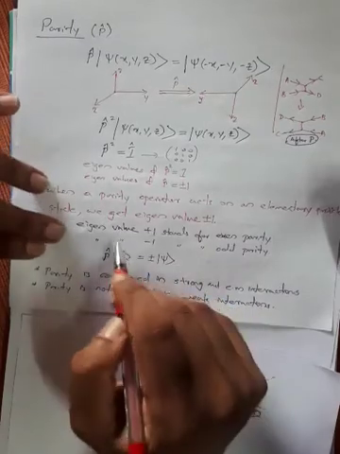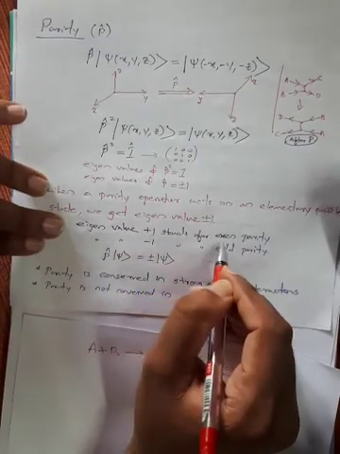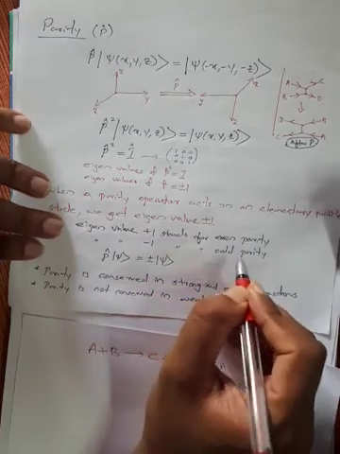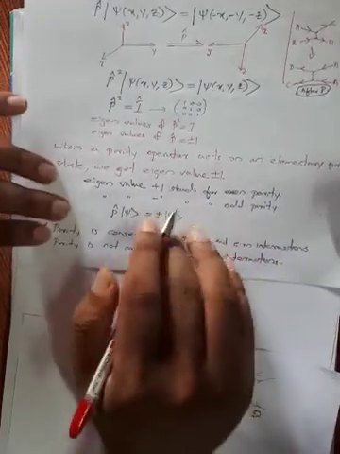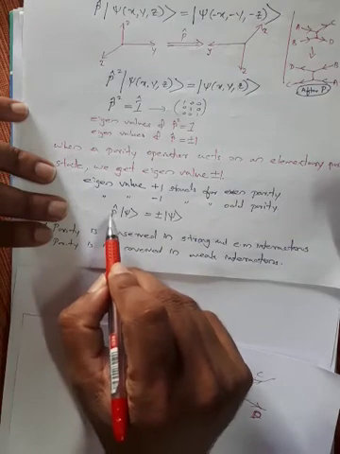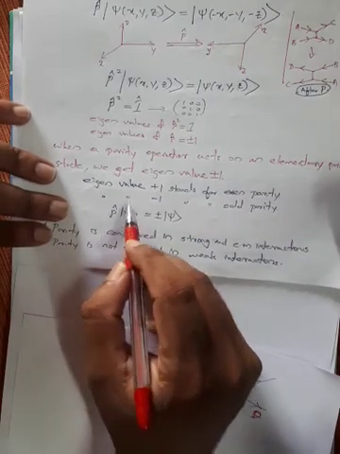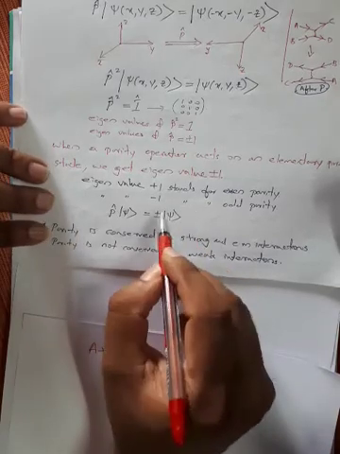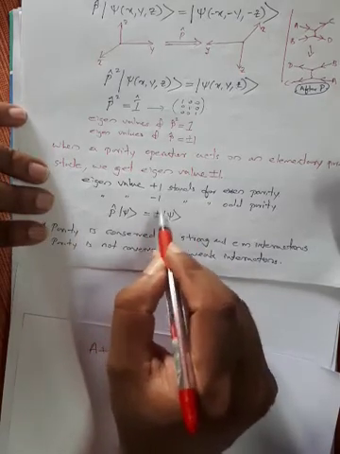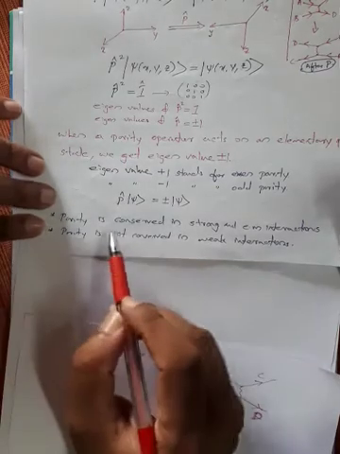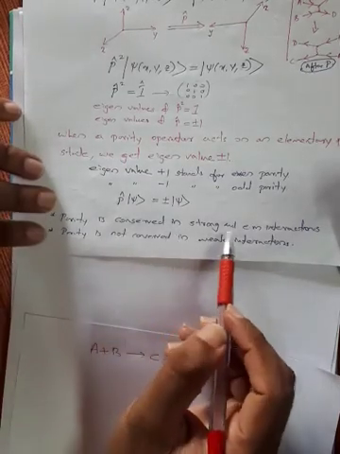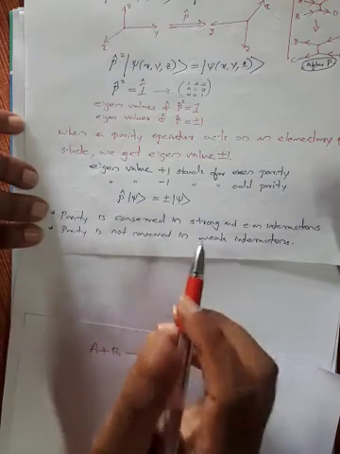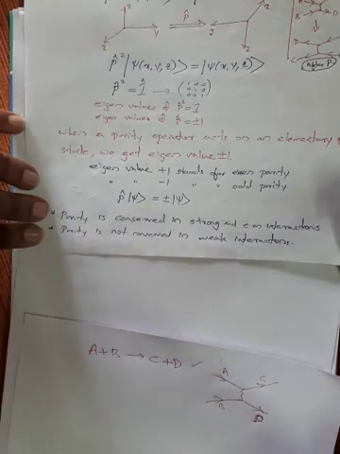Eigenvalue plus 1 stands for even parity, and eigenvalue minus 1 stands for odd parity. In general, you can write operator P acting on the state psi gives you plus or minus psi, where these are the eigenvalues. And parity is conserved in strong and electromagnetic interaction, and parity is not conserved in weak interaction.